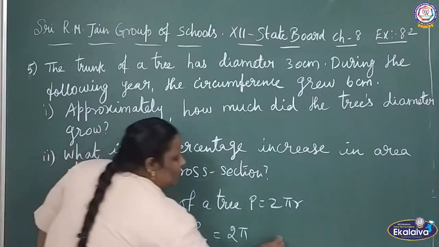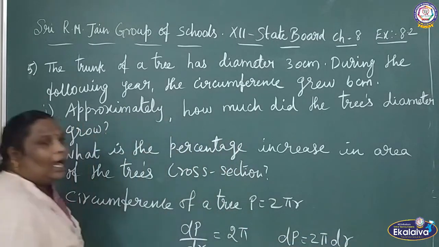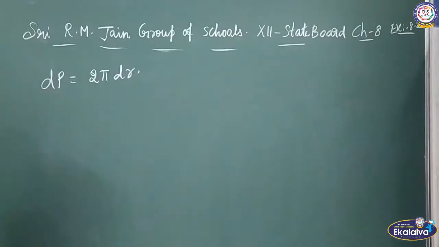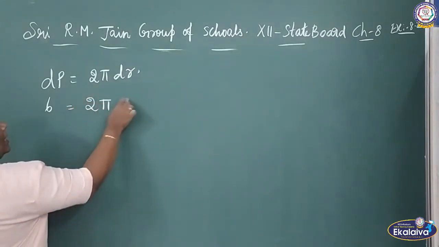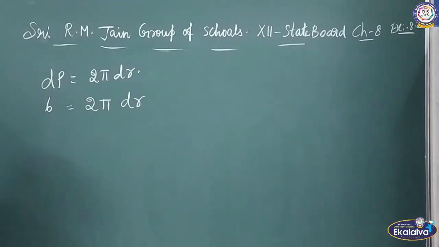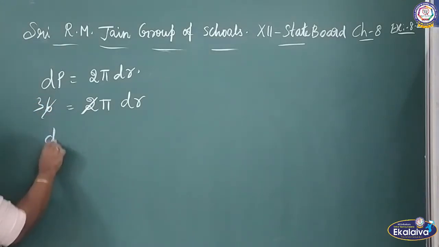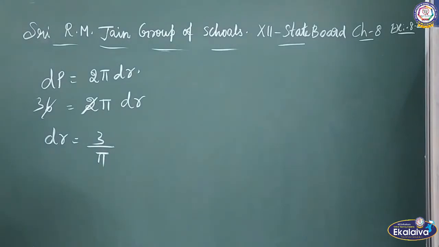What is dp? dp equal to 2 pi into dr. dp is what? It grows 6 centimeter. 6 equal to 2 pi into dr. So dr equal to 3 by pi.